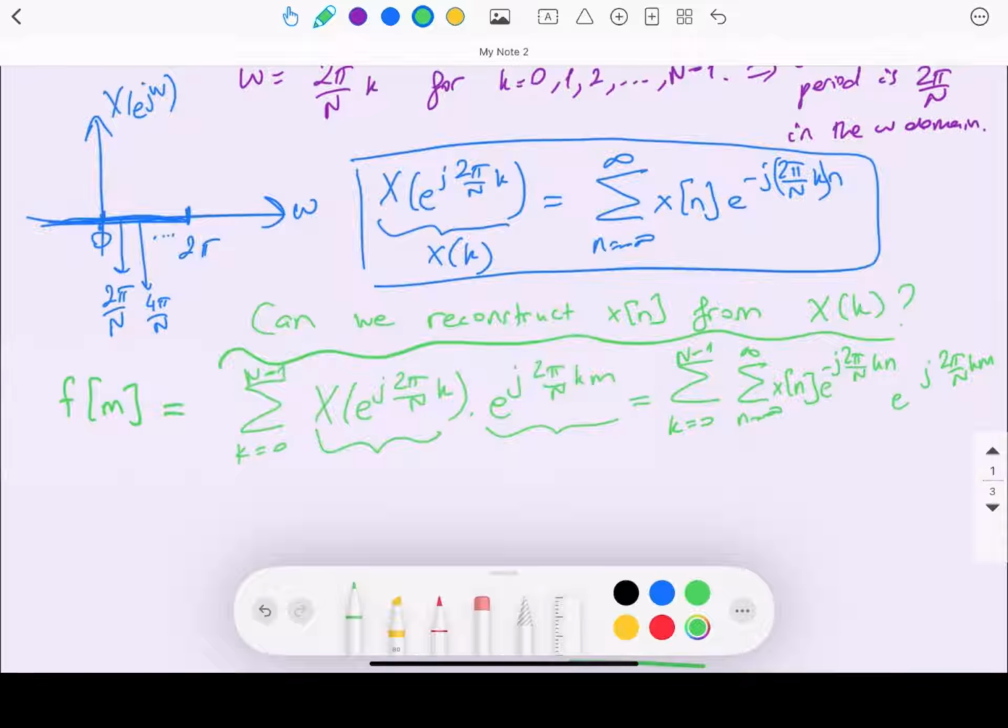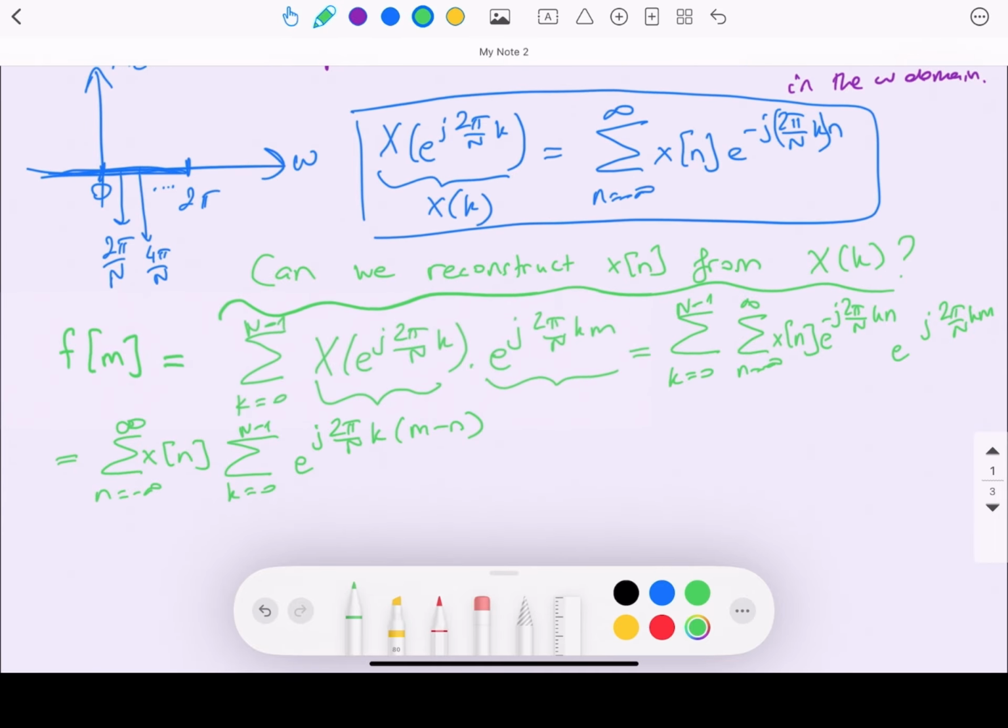Now let's exchange the places of the two summations. Let's put x of n outside, as it doesn't depend on k. And these are the remaining terms. We have m minus n.